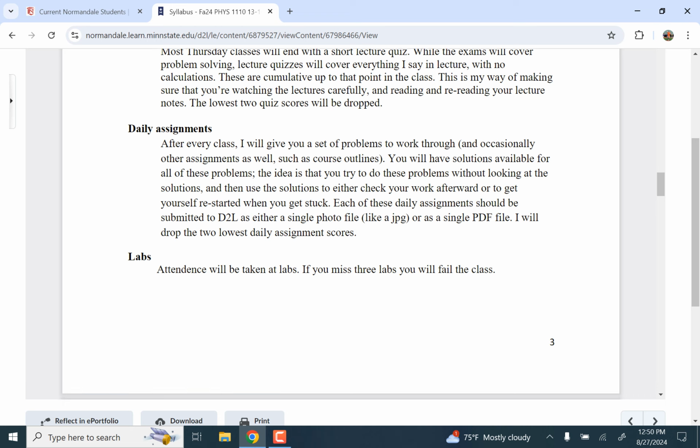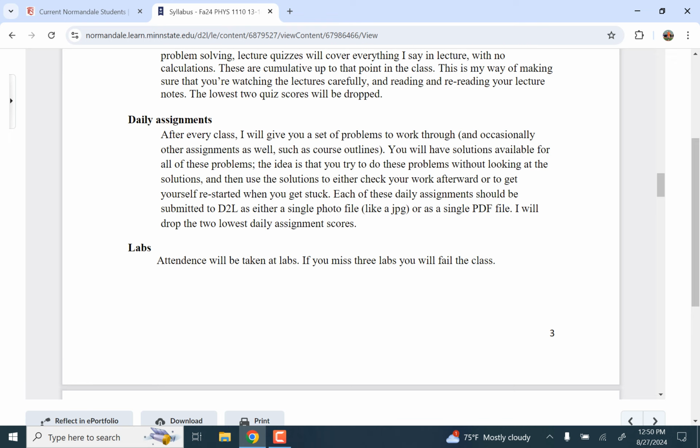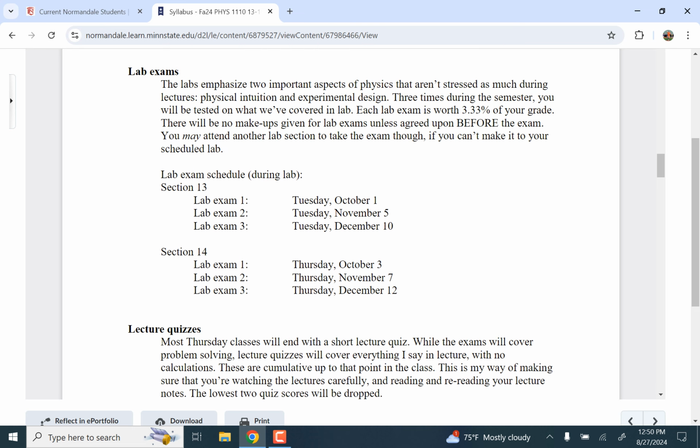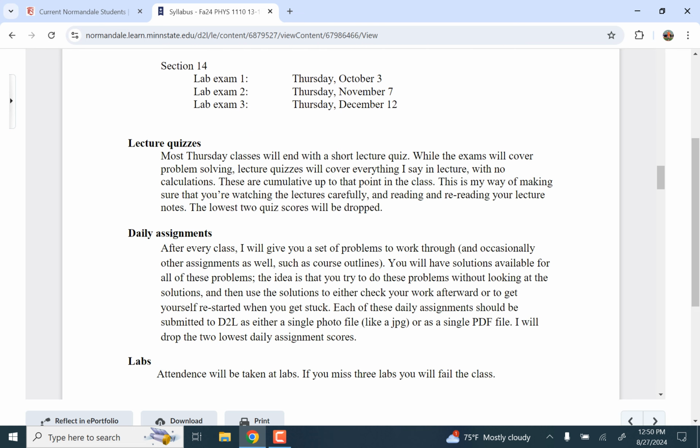And these are going to be turned in the same way as the weekly assignments. Take a picture or a scan of your work, submit it to a Dropbox in D2L in the assignment section. And for the lecture quizzes and the daily assignments, each one of those, I'll drop the 2 lowest scores out of your grade.